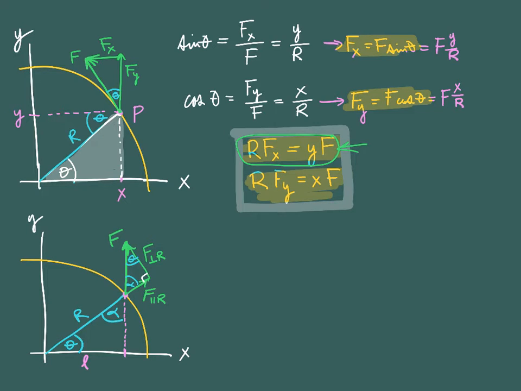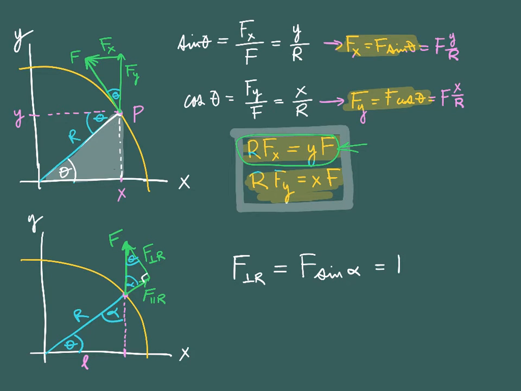And here's how it's different. So the force that's perpendicular to R is going to be F sine alpha, okay, so look at F perpendicular R in green. It's opposite that angle alpha. So sine of alpha would be the perpendicular part of the force to R over the force itself, or the perpendicular part is F sine alpha.